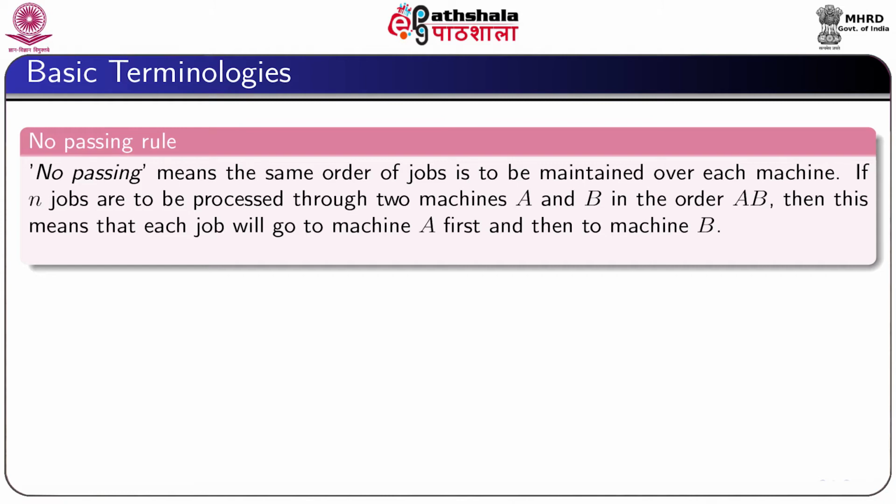This means that passing is not allowed, that is, the same order of jobs is maintained over each machine. If n jobs are to be processed through two machines A and B in the order A B, then this means that each job will go to machine A first and then to machine B.